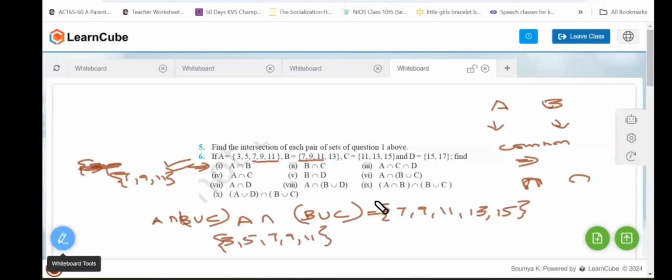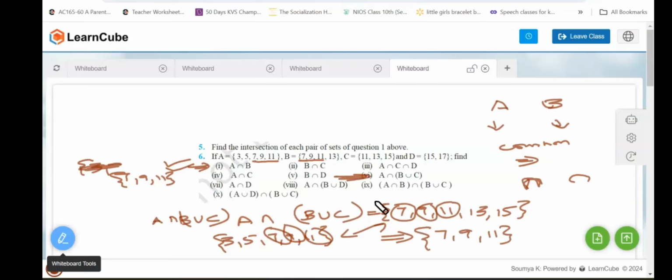So if you consider these two sets, the intersection of both, the result will be 7 is common, 9 is common and 11 is common. 7, 9 and 11. 3 elements are common in both. So this is the result of your sixth question.